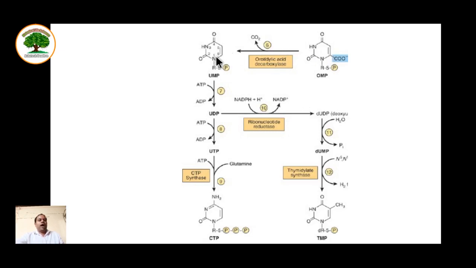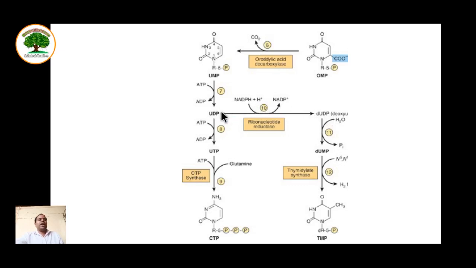Now if you have to form CTP and TMP from this, that is cytosine triphosphate and thymidine monophosphate, you can see here, first of all, this UMP formed is converted into UDP, that is uridine diphosphate, and this uridine diphosphate, using the reducing power, that is NADPH plus H plus, is converted into deoxyuridine diphosphate.